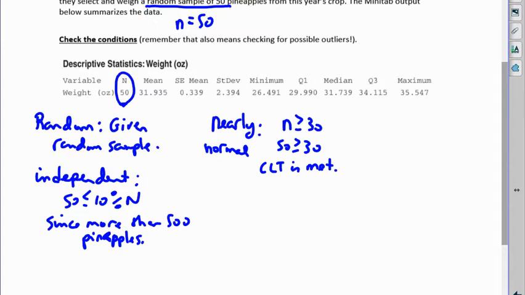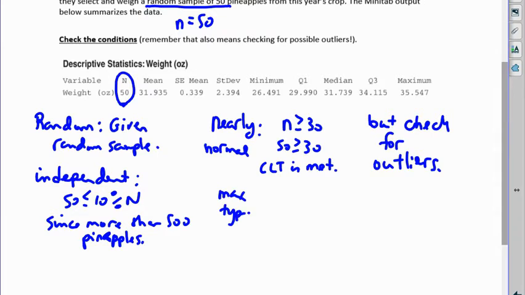So I'm going to check for outliers, and how do we do that? 1.5 IQR. So let's do that. Let's check the max typical, which will be Q3 plus 1.5 times IQR. So let's see, the IQR is going to be this Q1, the Q3.